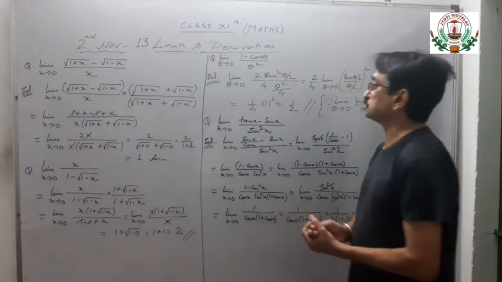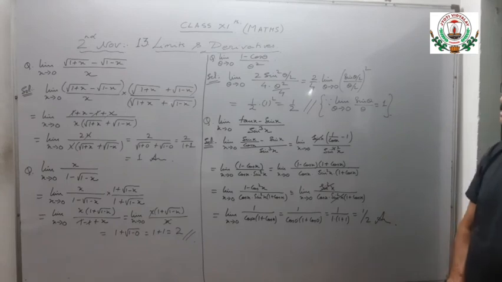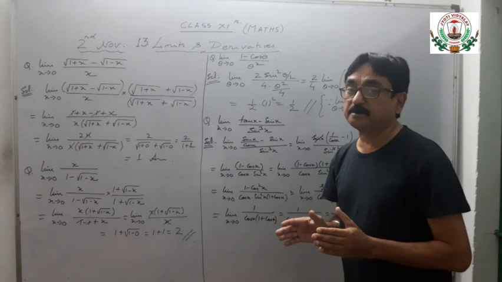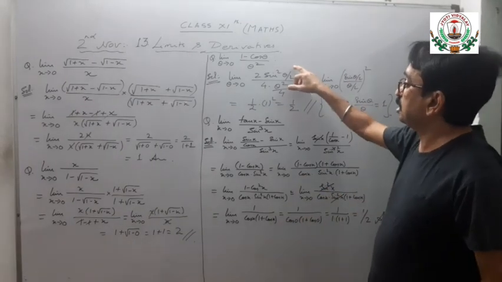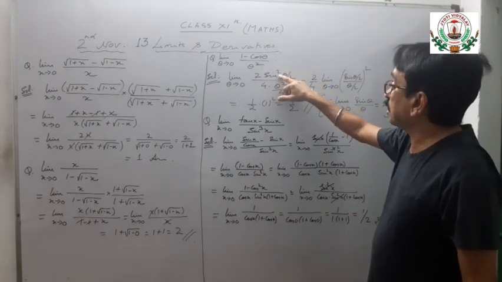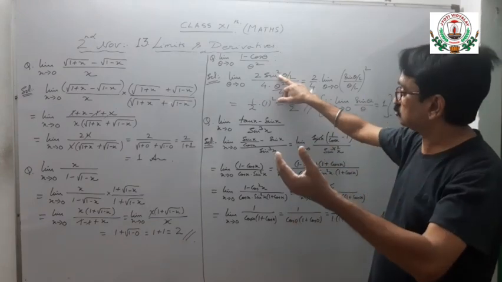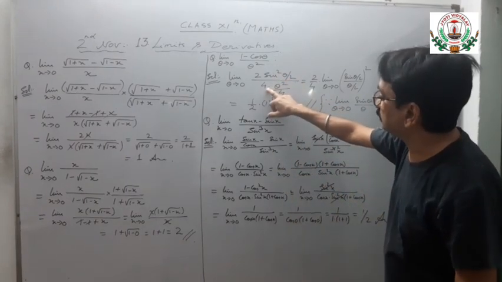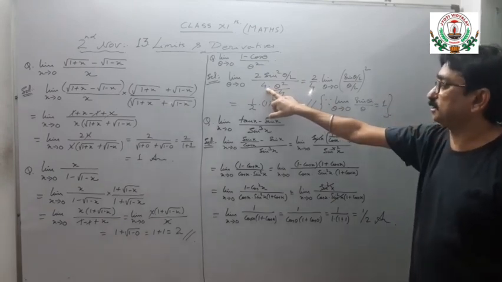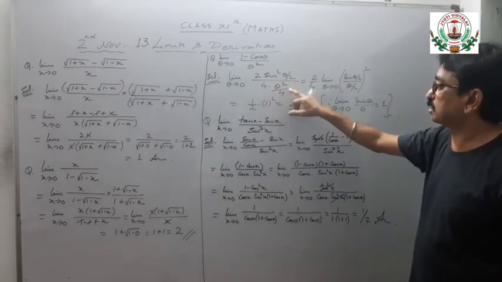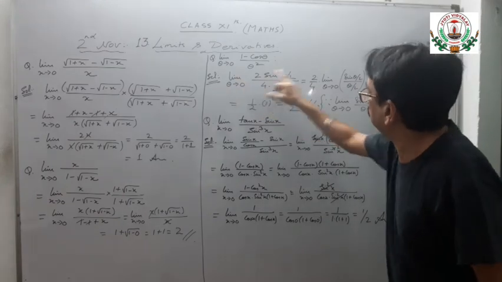Limit theta tends to 0, 1 minus cos theta upon theta square. As we know that in trigonometry 1 minus cos theta is given by 2 sin square theta by 2. Now here it is 2 sin square, sin theta by 2 the whole square. So here we have to multiply with 4 in the denominator. So 4 theta square by 4, 2 by 4 is taken out of the limit.